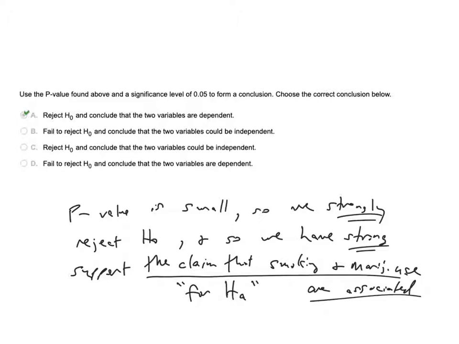So what I typically will try to do is restate HA in words. And so if I go back and look at what my original choice for HA is, something like smoking and marijuana are dependent, or you could say smoking and marijuana are associated. So this is evidence of a strong association between cigarette smoking and marijuana use.